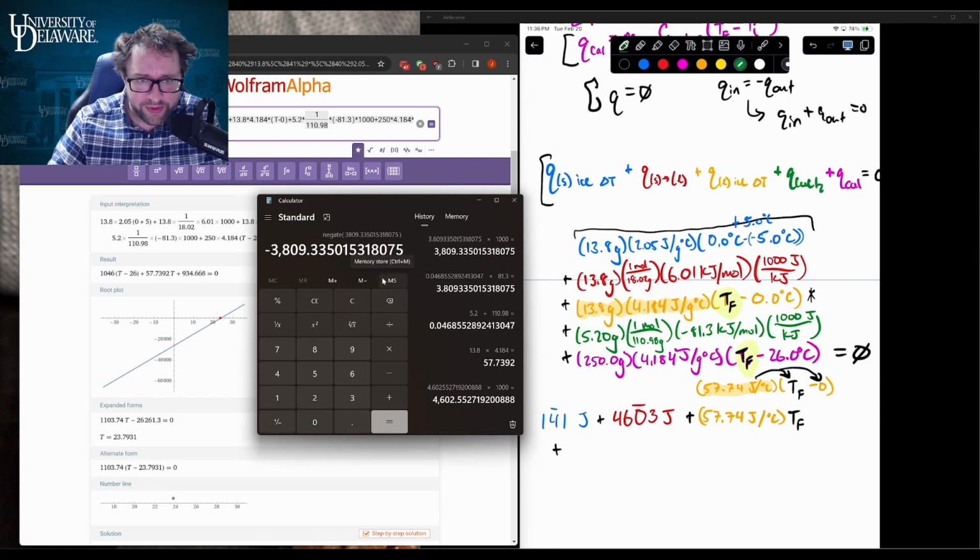All right, so that's going to give us negative 3,809 joules, again with this sig fig here. I really thought these would be larger values, but I guess they cancel out.